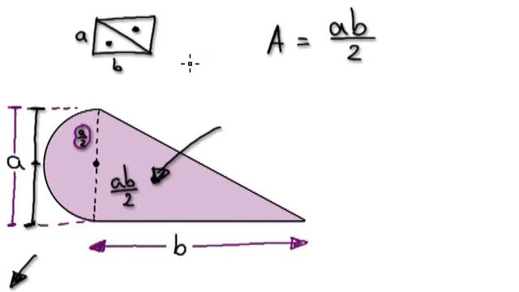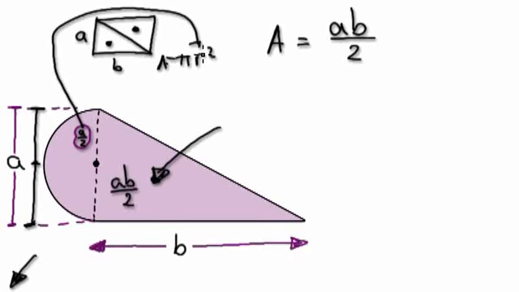Now the formula for the area of a circle is pi r squared. That's the whole circle, but the radius is A over 2, so we put the radius into the r. It would be pi, A over 2 in brackets, squared.